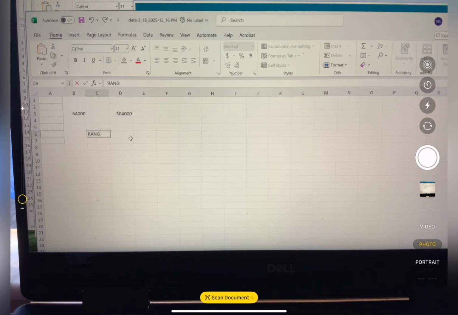My caps lock is up. I delete it. Clean it. Range. Okay, how am I going to find out the range? It's going to be the formula maximum minus minimum.